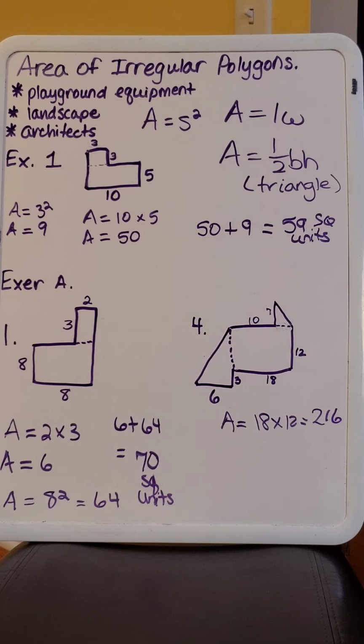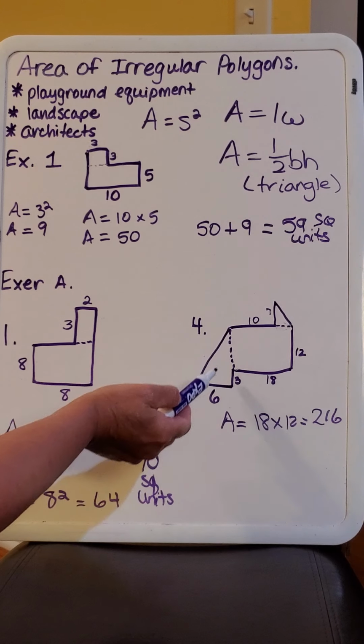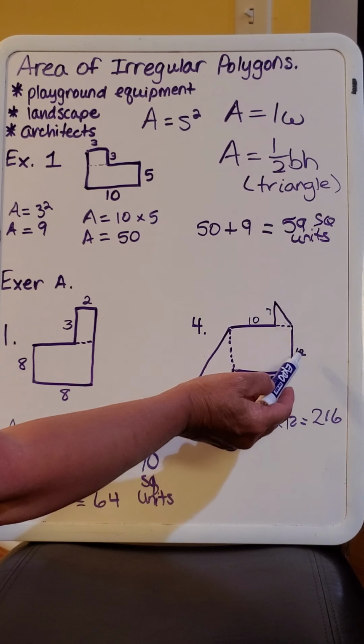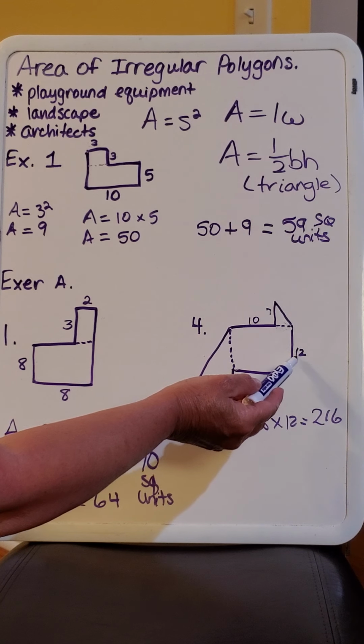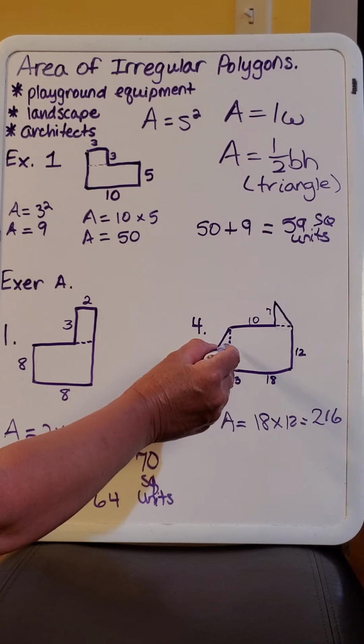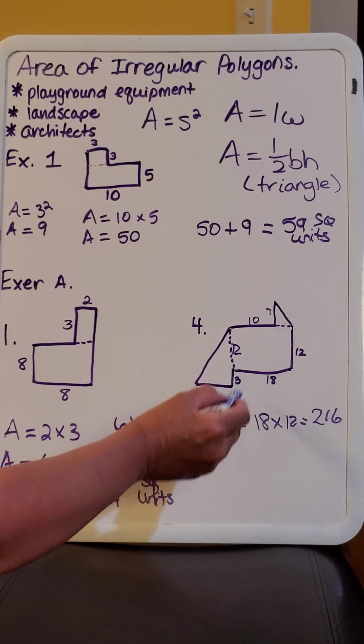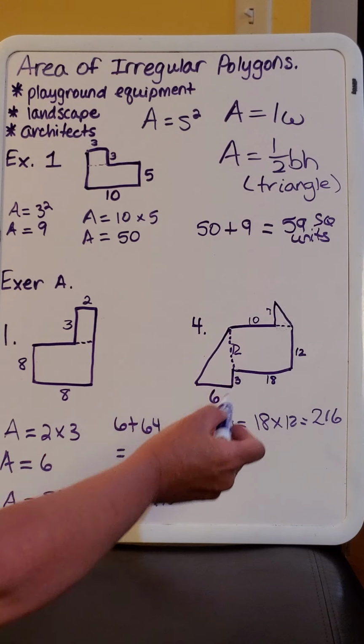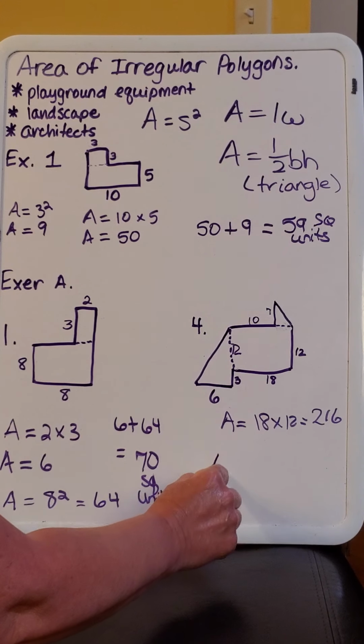Now, for this triangle, this part of the triangle is going to be the same measure as the rectangle. So that part is 12. But it extends down past the rectangle, so I have to add that to it. So the height is going to be 15.